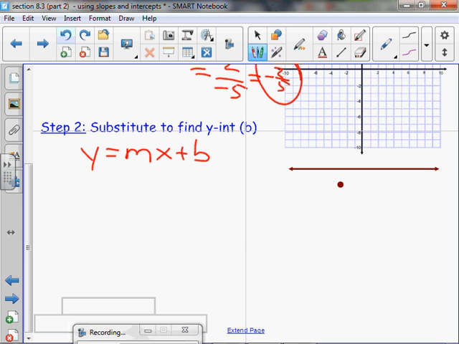I don't have b yet, but I do have m, right? So right away, I'm going to replace m with negative 2/5. I want to find b. That's what I'm going for. But here's the thing. I have y equals negative 2/5 x plus b. I still have way too many unknown pieces of information. But here's the thing. This equation is true for every point on the line, right?